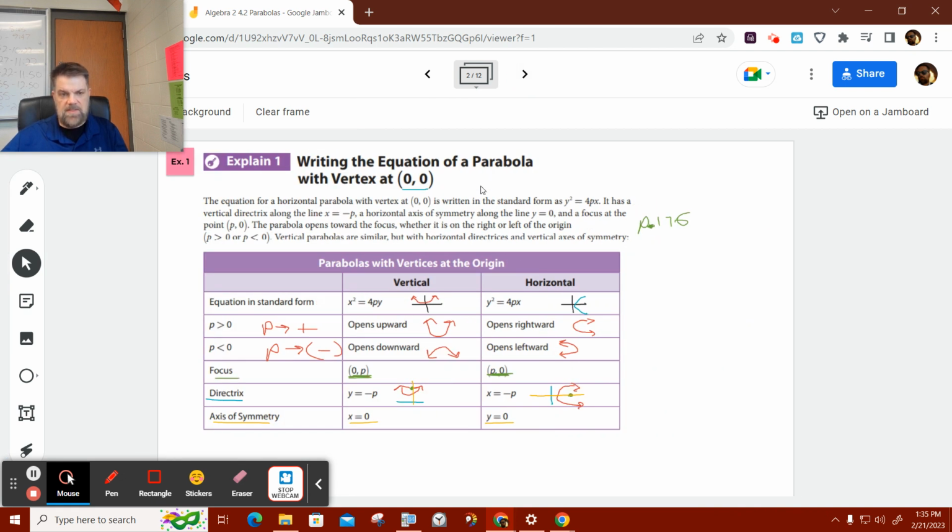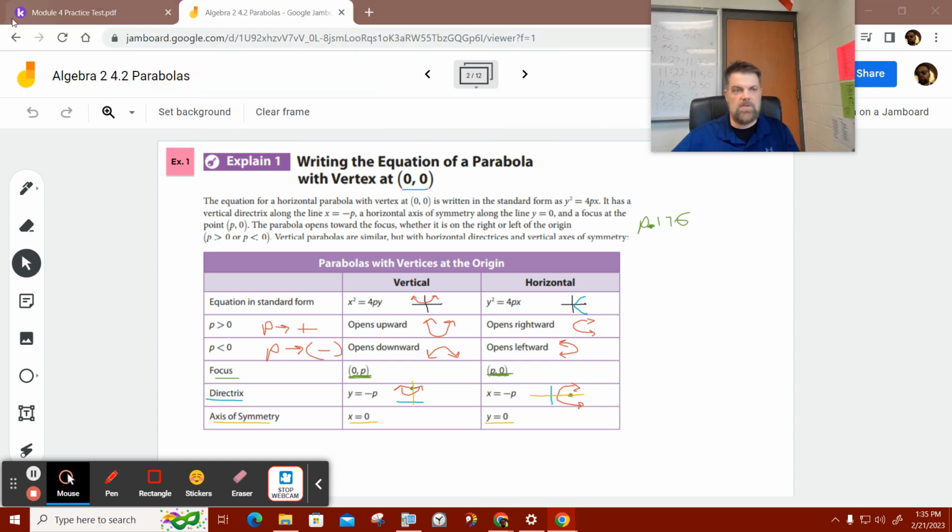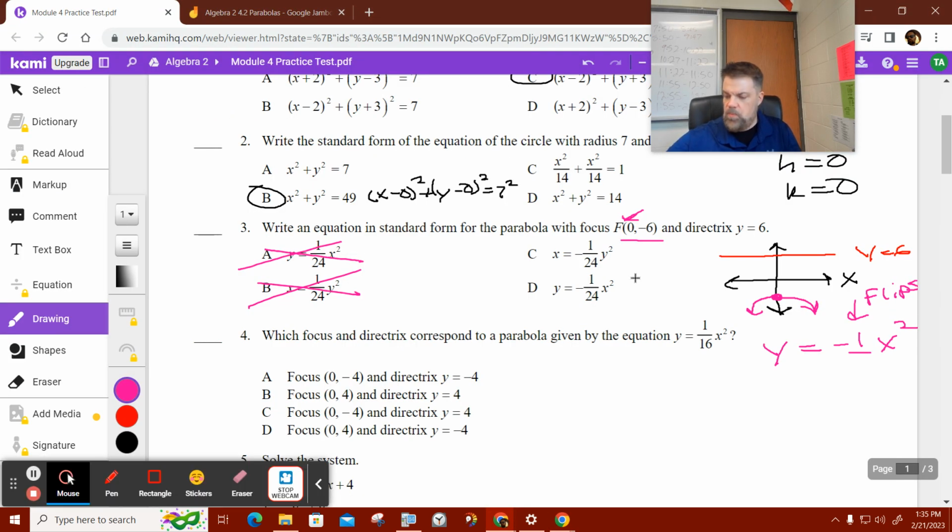We talked about this when it's at 0. Remember, in order to find the equation, it's 4 times p, and p is the y value. All right? So p is the y value. So the focus is 0, p, and the formula is x squared equals 4 times p times y. So if I apply that over here, I got to move my face over here. What I know is that p equals -6.